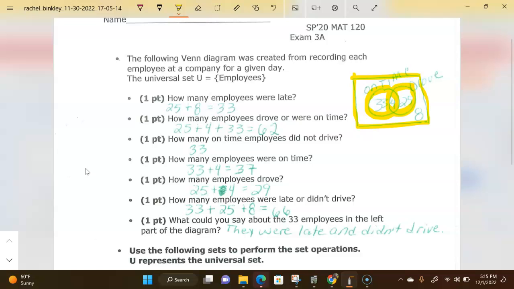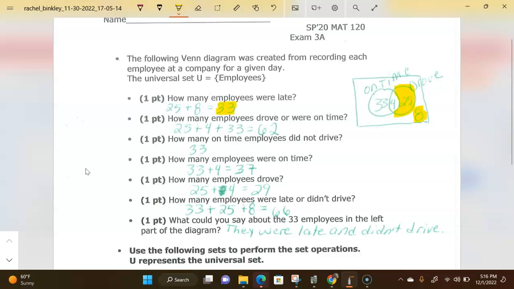Well, we have to take the 25 employees here because they are outside of the on-time circle, plus the 8 on the outside. So everything that's outside of the on-time circle, we add them together, we get 33, right?